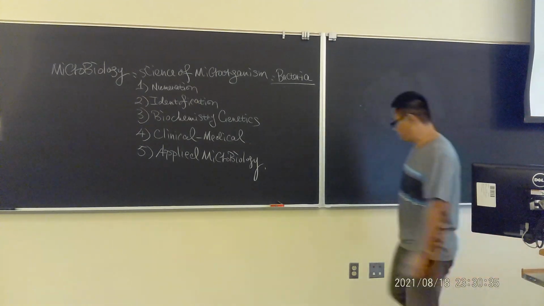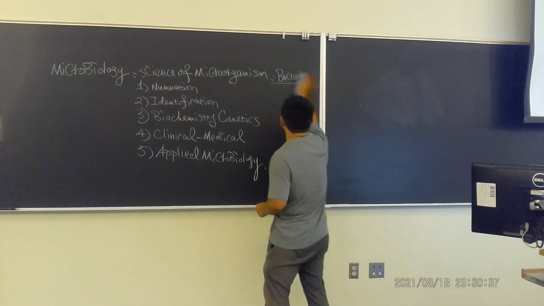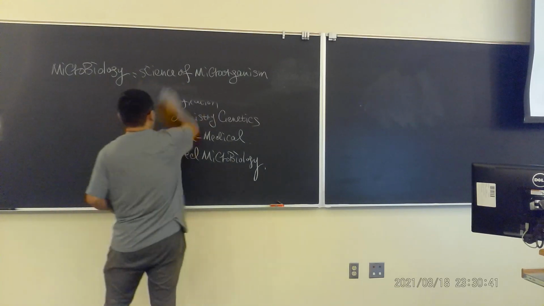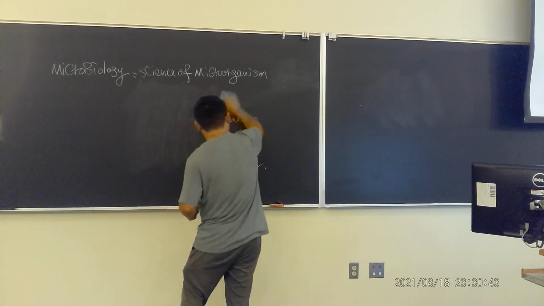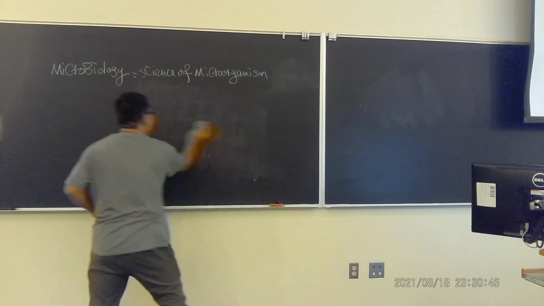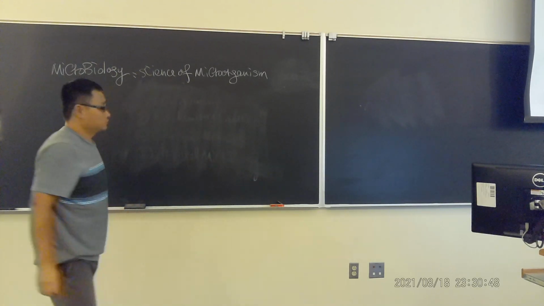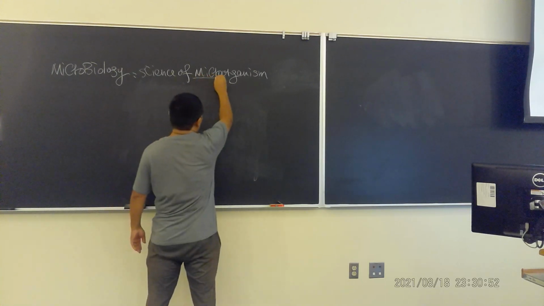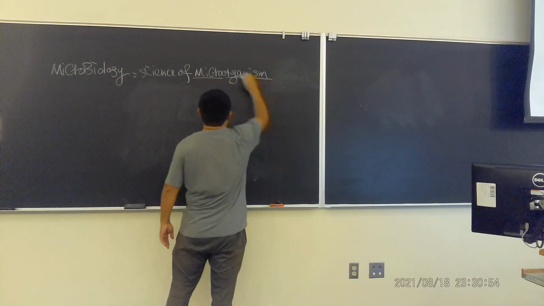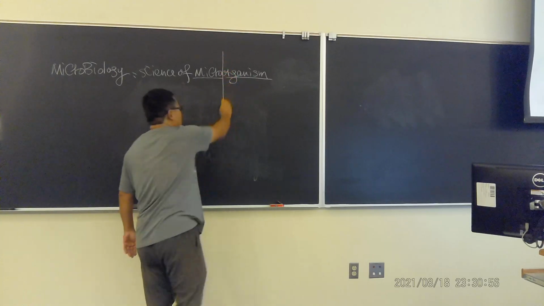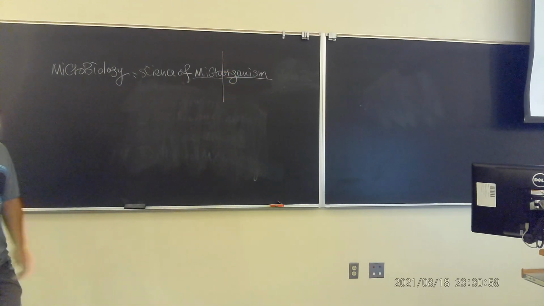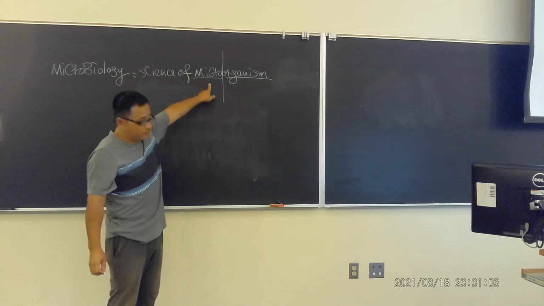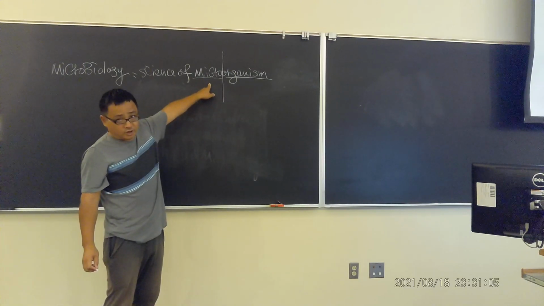Okay, this slide is important. We're going to talk about what is a microorganism. So we talk about microbiology being the science of microorganisms. Then what is a microorganism? Okay, how do we do that? What I always do is split this word in half. You're a native speaker. Lots of you are native West Virginians. You know English better than me. What does microorganism mean? M-I-C-R-O.